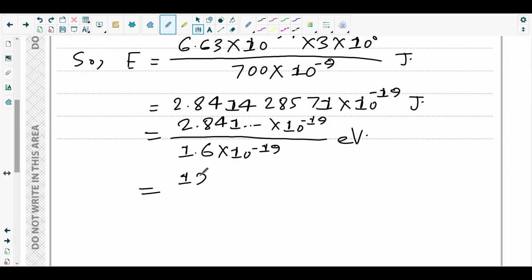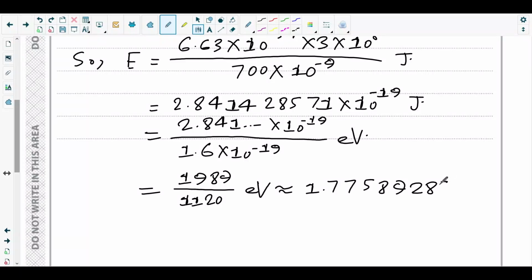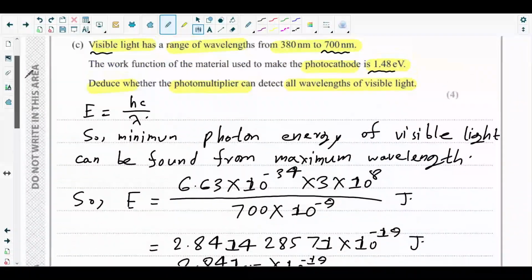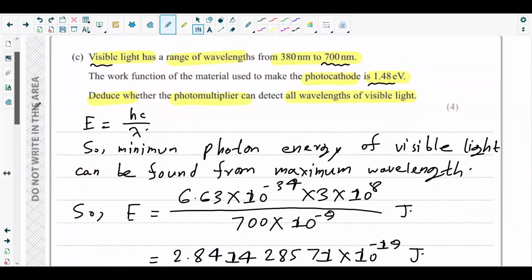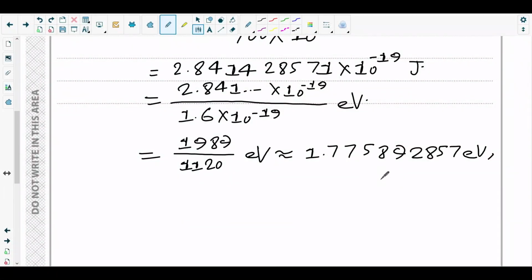That would give you 1989 over 1120, that is basically 1.7758928857 electron volt, which is basically greater than 1.48 eV.